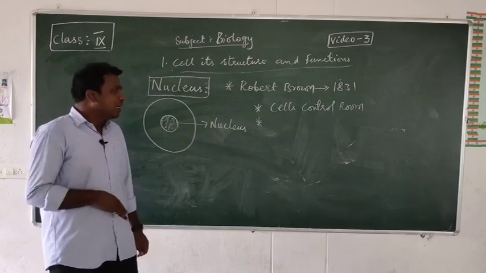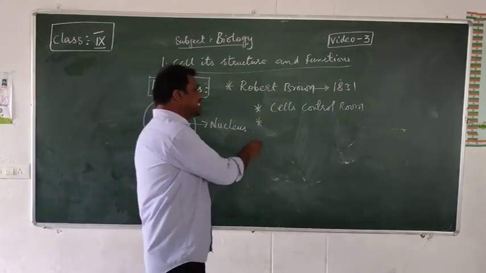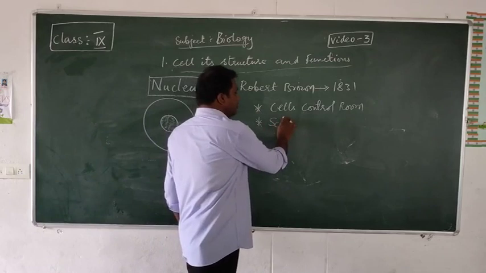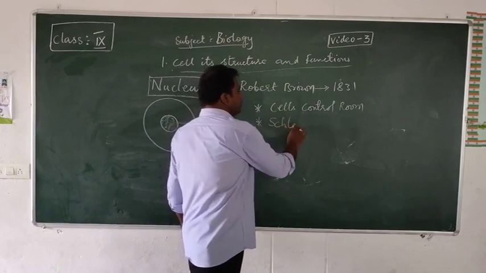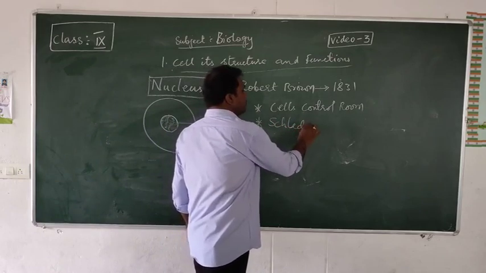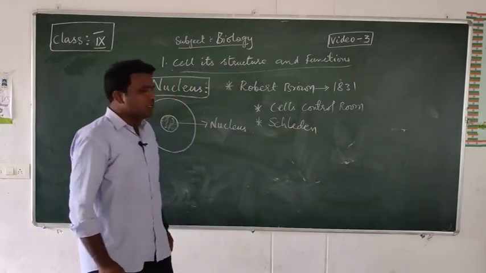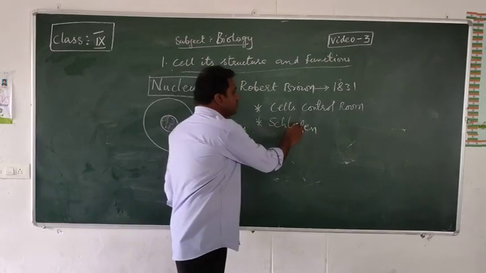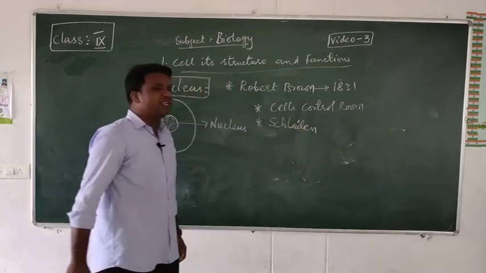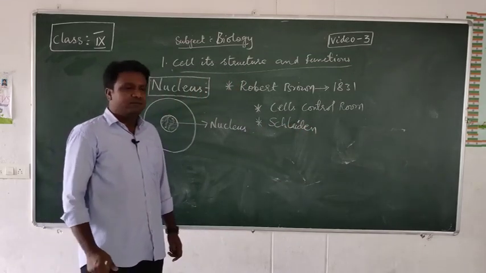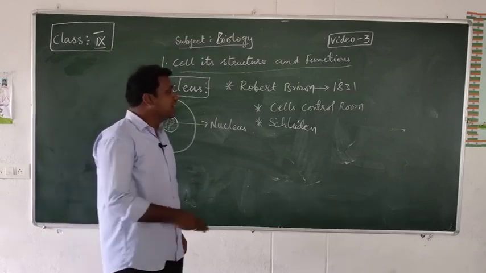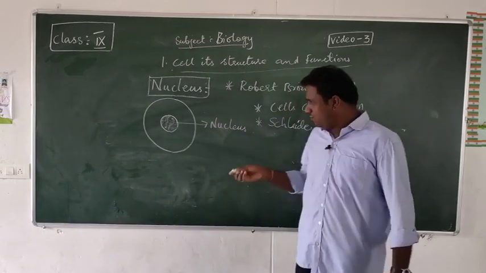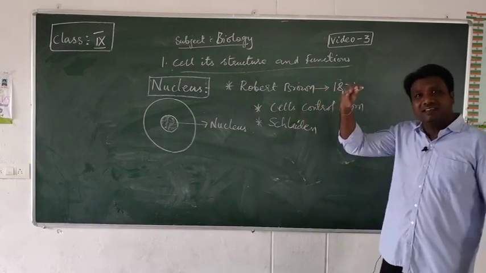There is an important scientist called Schleiden. He proposed a theory called cell theory. We are going to discuss the cell theory at the end of the chapter.